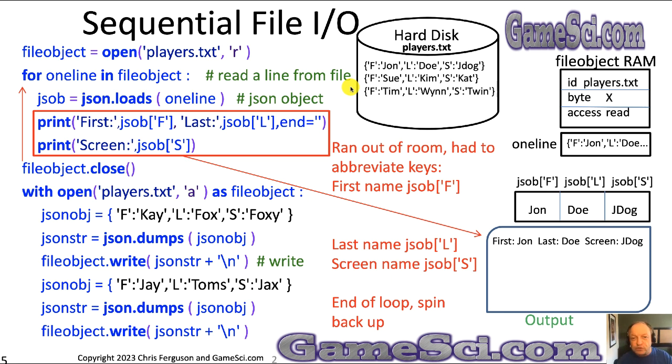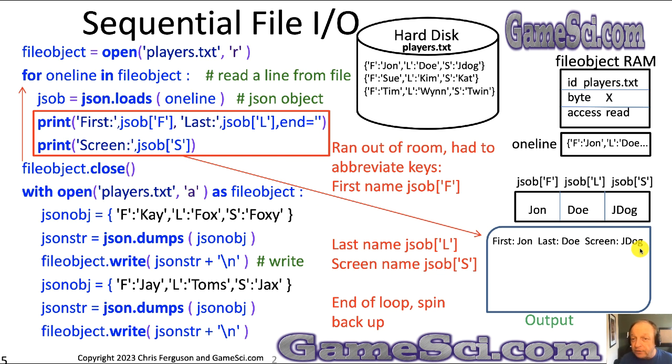If I wanted to use good variable names like first name, last name, screen name, I would have run out of room, so I used F for first name, L for last name, and S for screen name. So read this as print the first name, print the last name, print the screen name. And you can see the first is John, last is Doe, screen is JDog.